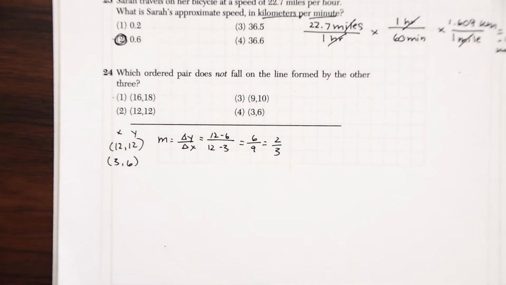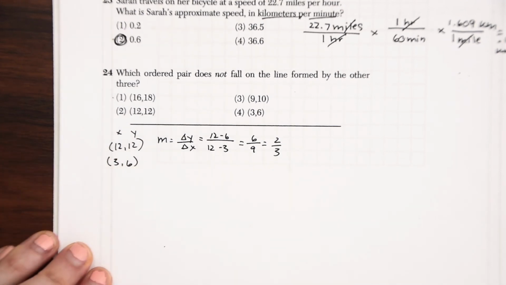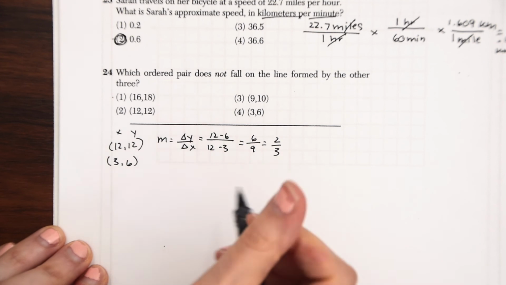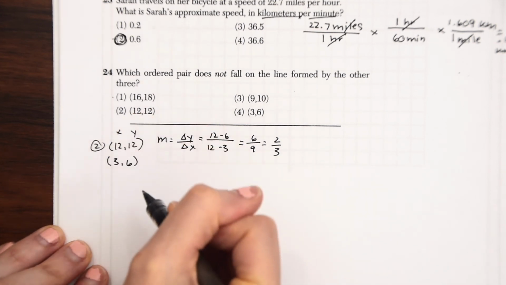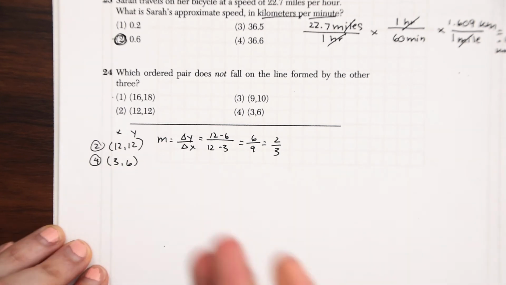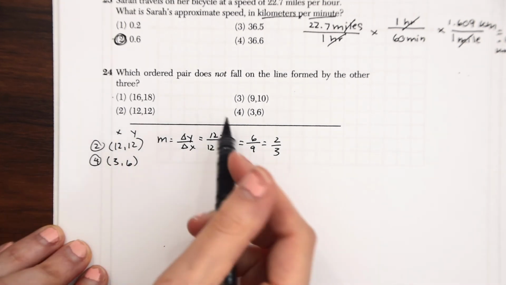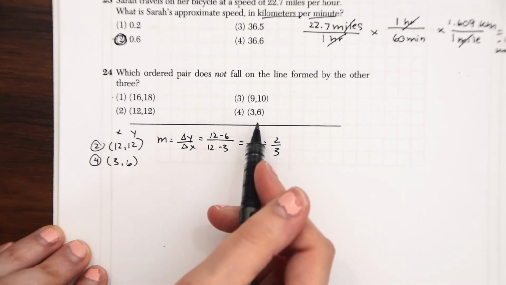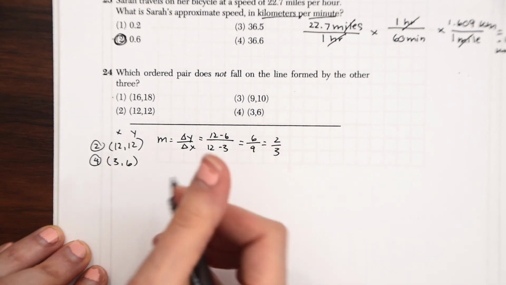So that's one potential slope that is common among all these points except for one coordinate point. Just a reminder of what we did: this was choice 2, and this was choice 4. Now let's try another pair. How about 3, 6? We're using that same coordinate so we can see if there's a difference.